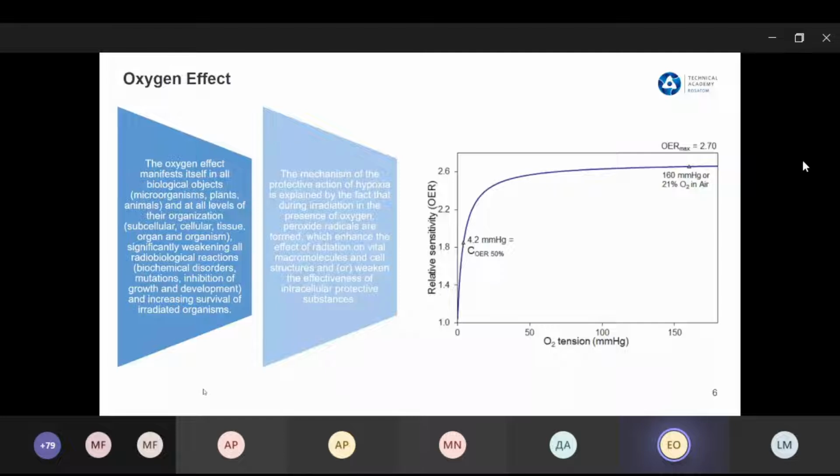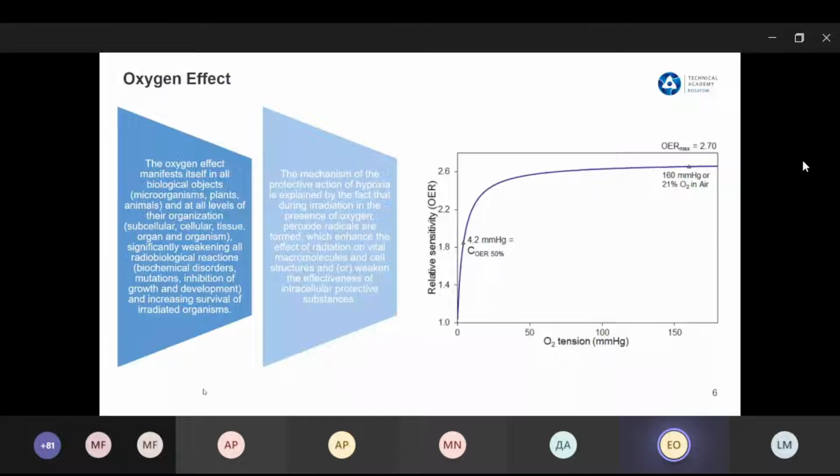In normally hydrated vital biological objects, weakening of radiation damage occurs only when hypoxia is applied during irradiation. In dry objects, resting plant seeds, bacterial spores, it also occurs during hypoxia after irradiation, during the transition of irradiated objects to active life, for example, during seed germination.